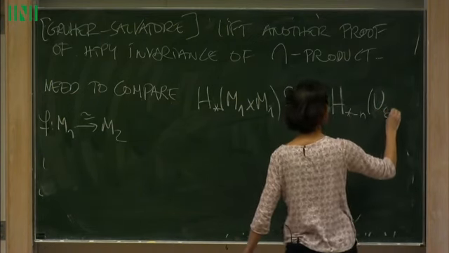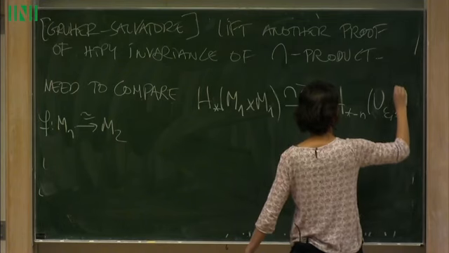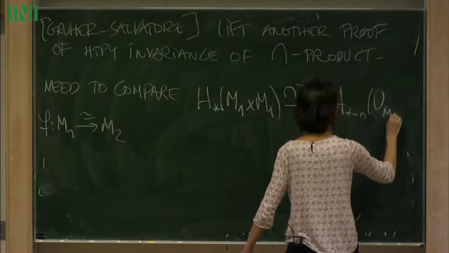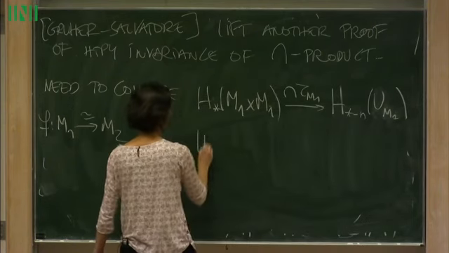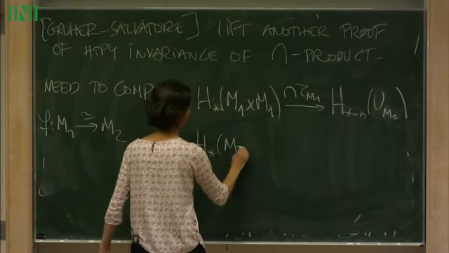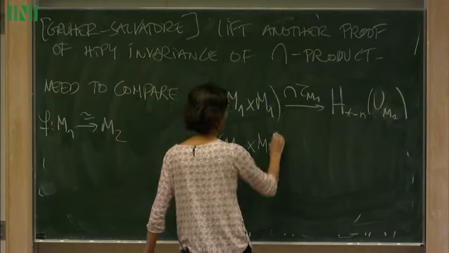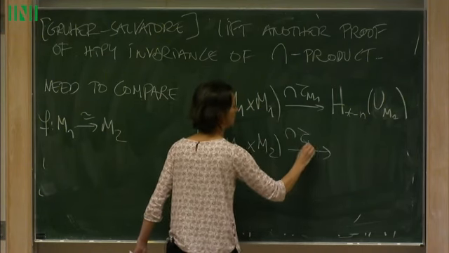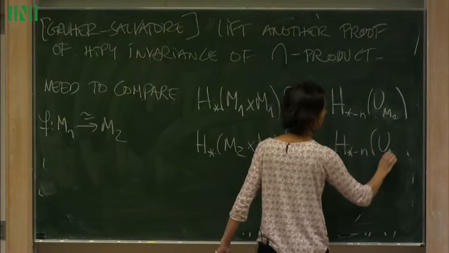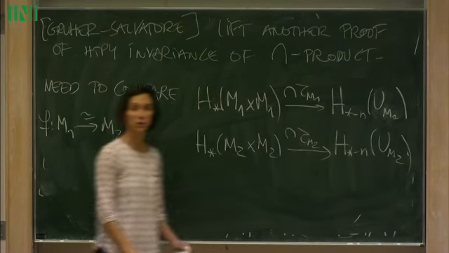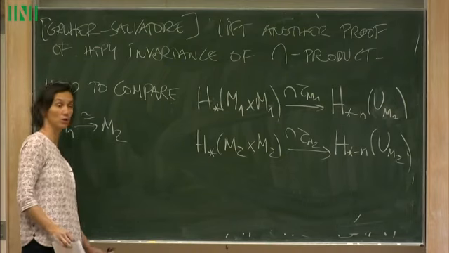We can do U epsilon 1, let me call it U M1, this neighborhood of M1, and then you have one with M2. We have to compare these two maps. And we know it's a homotopy equivalence.